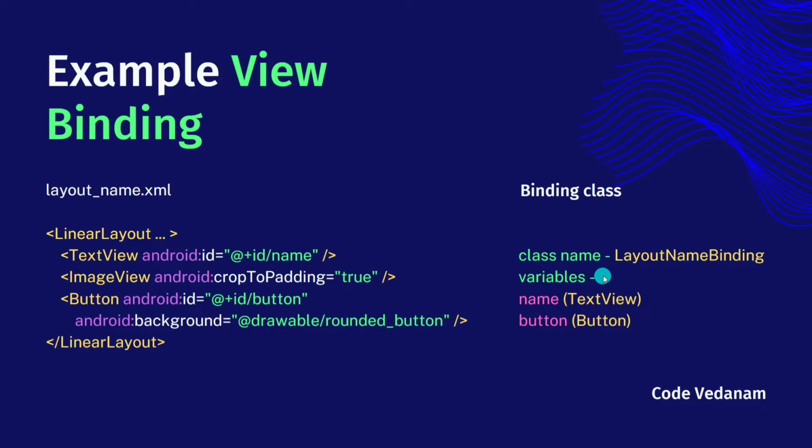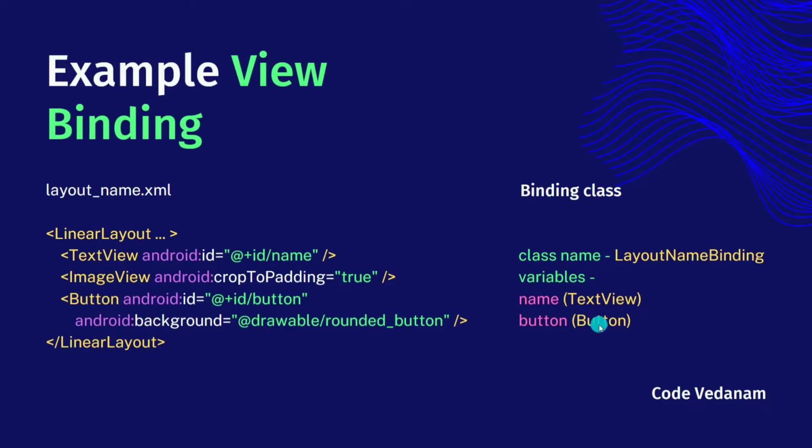Now let's see what the variables are in this binding class. We have a TextView with the ID name in this layout file, so we will have a variable with the name name, and the variable type will be TextView, and we will have a variable of the type Button for this button element.